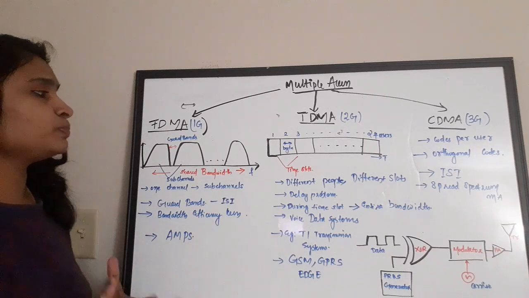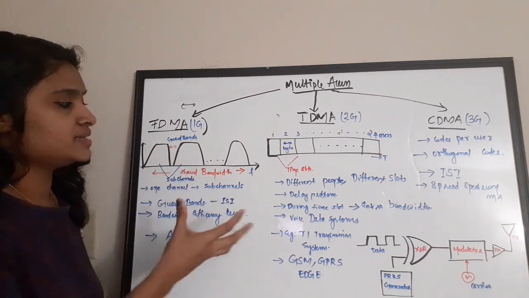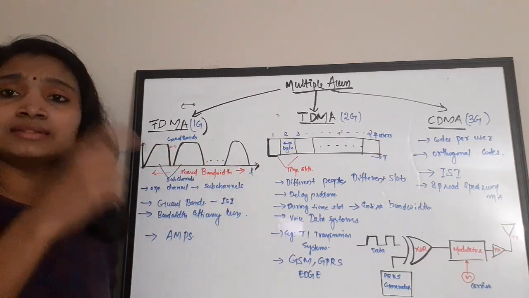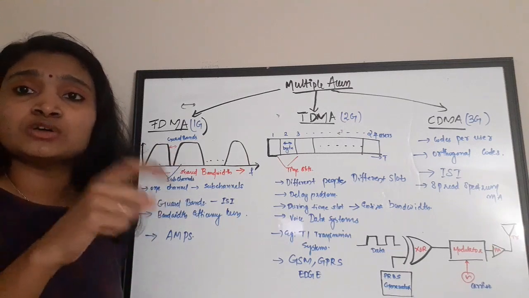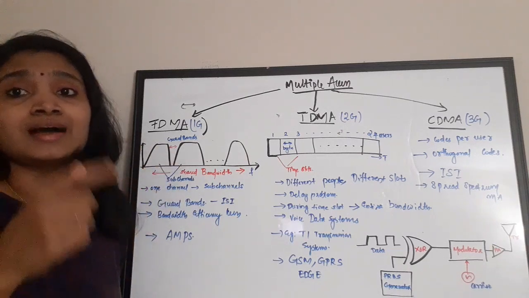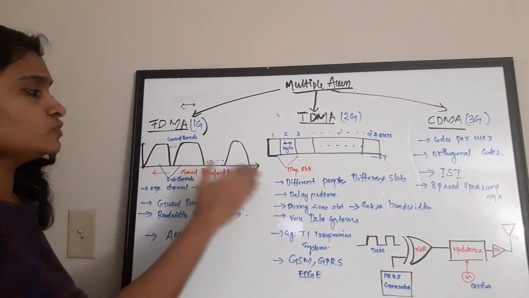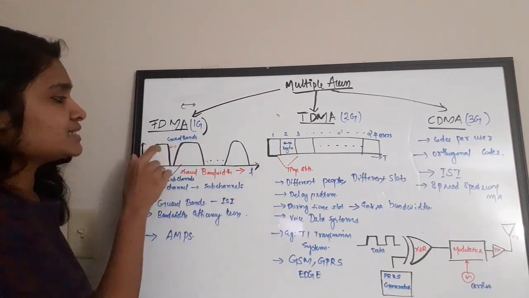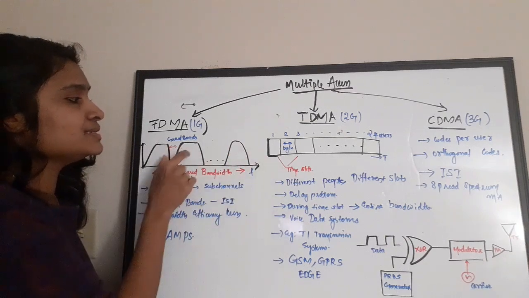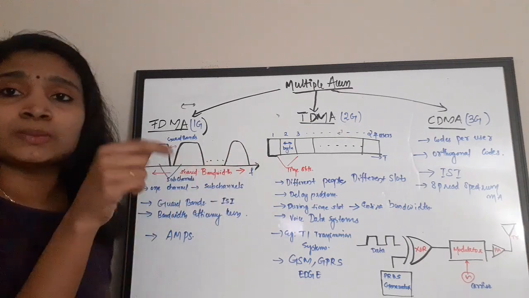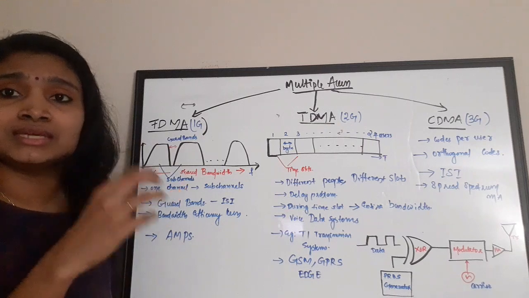The problem caused by guard bands is that if you look at the entire bandwidth, some frequencies are allocated to the sub channels and some small frequencies are allocated to the guard bands.